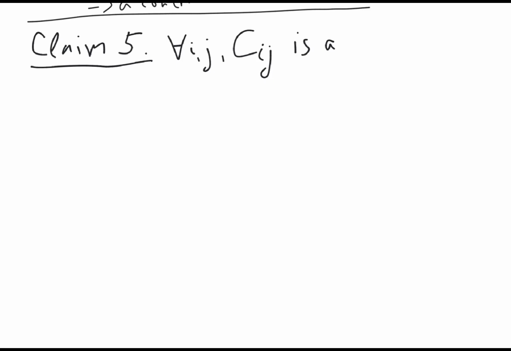This path consists of a single edge vi, vj. So this whole path is just of length 1.